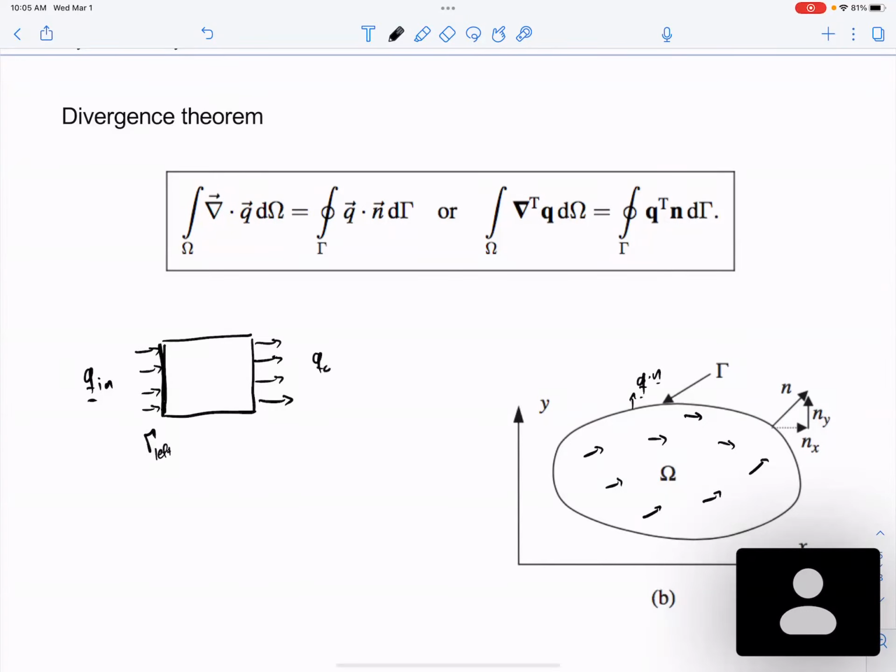I have some Q out in this other part of the boundary, which I'm going to call gamma out. And let's say that there's no flux in the other two boundaries. So Q equals 0 on, let me call it gamma no flux, both of these.